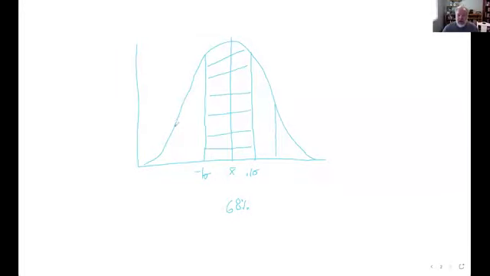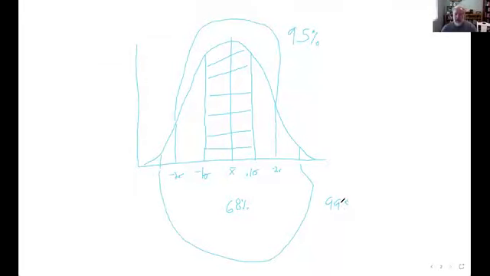Under 2 standard deviations, minus 2 standard deviations, this portion right here is about 95% of the curve, and 3 standard deviations is about 99% of the curve.